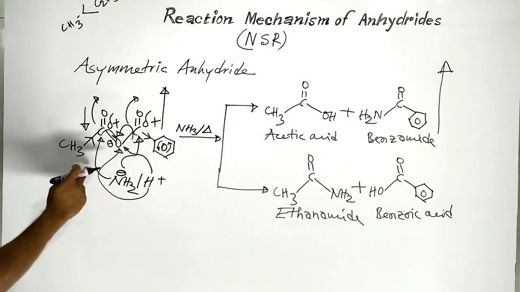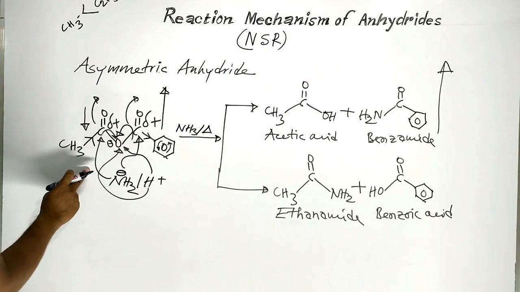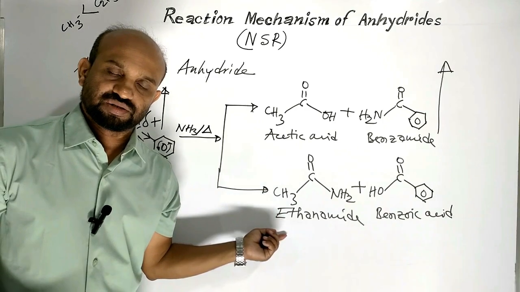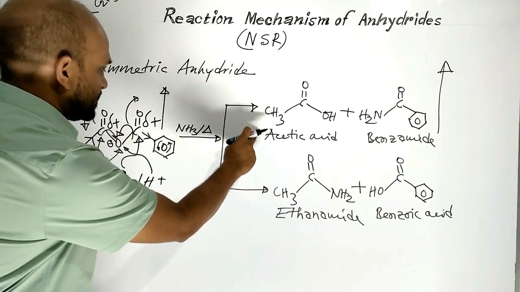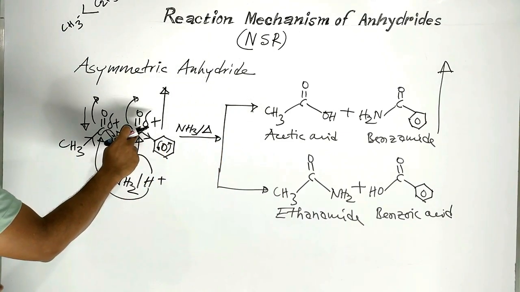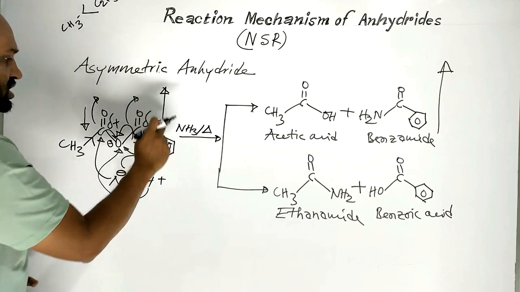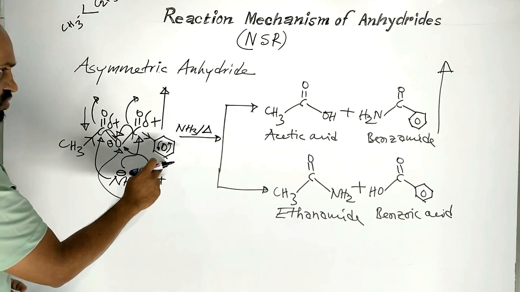So in this case as well, there are two possibilities, but this one will get priority because here the positive charge density of this carbon becomes higher because of the presence of the phenyl group.